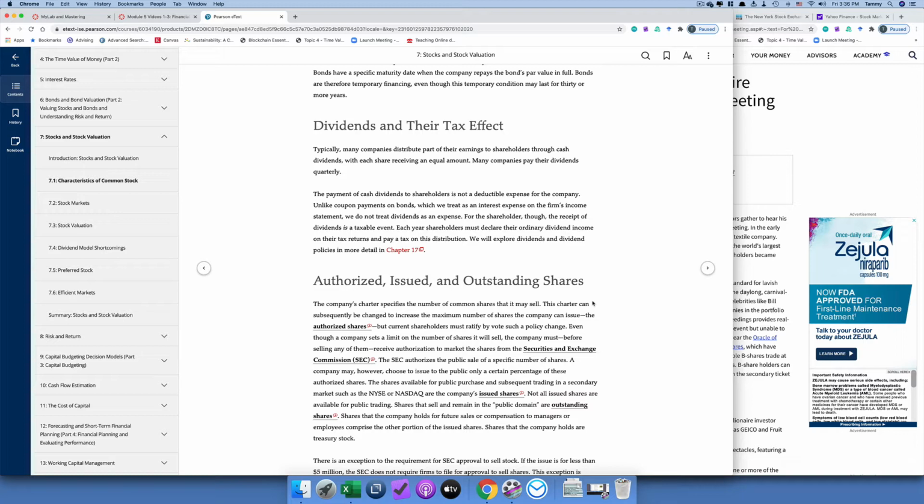But the other thing is that people invest in stocks for the purpose of dividends. That is how your stock portfolio can become a cash flow generator, right? Some companies issue dividends. Not all do.